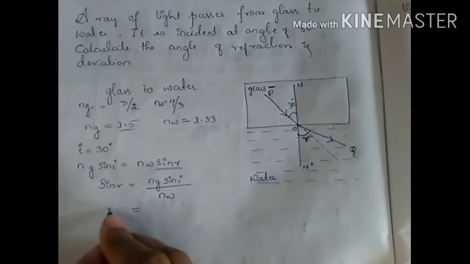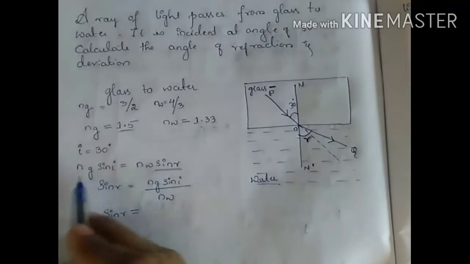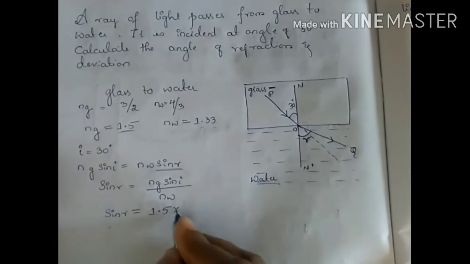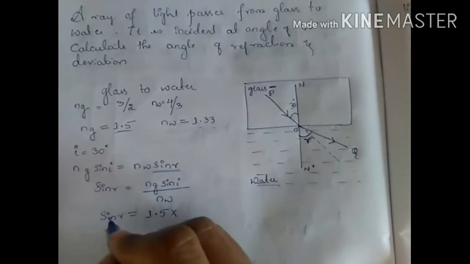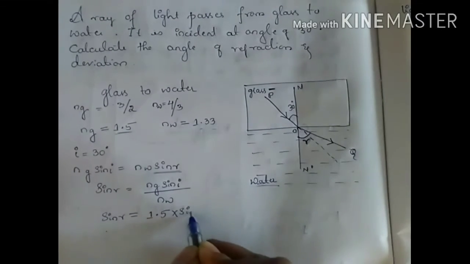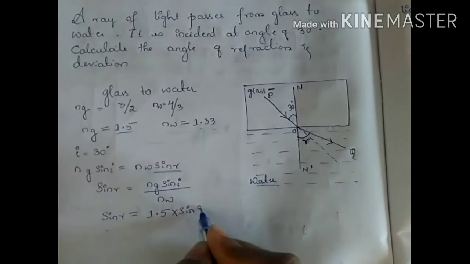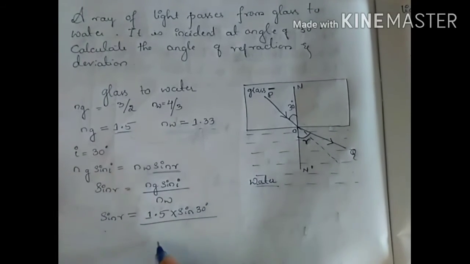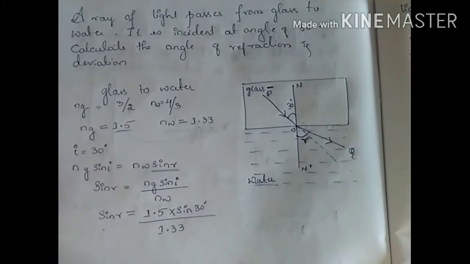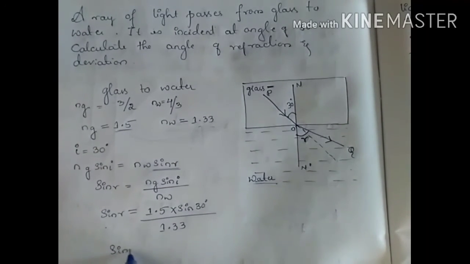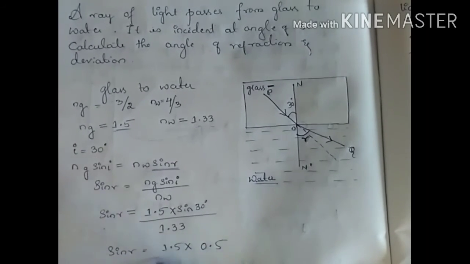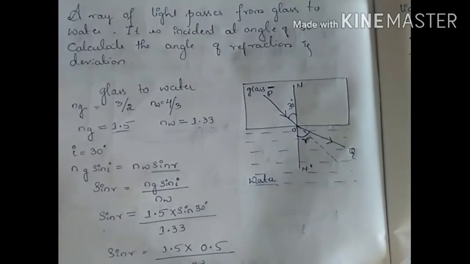So substitute the values. NG is what? NG is 1.5. This is sin i, so sine of how many degrees? 30 degrees, divided by NW, which is 1.33. So sin r is equal to 1.5 into 0.5 divided by 1.33.